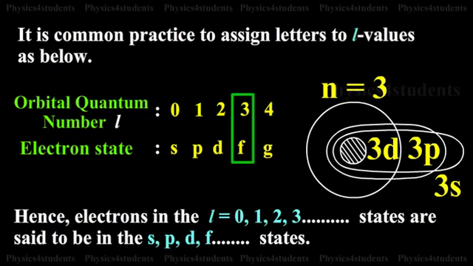Orbital quantum number 3, electron state f. Orbital quantum number 4, electron state g. Hence, electrons in the l equal to 0, 1, 2, 3 and so on states are said to be in the s, p, d, f and so on states.